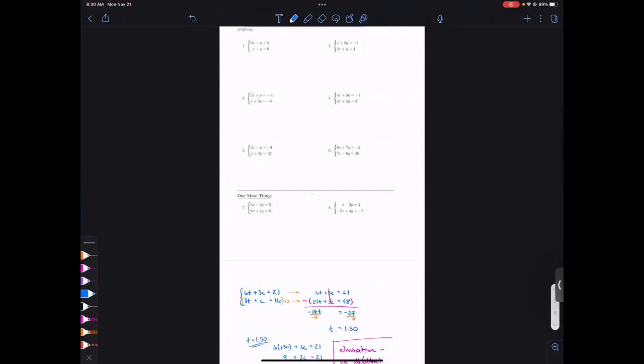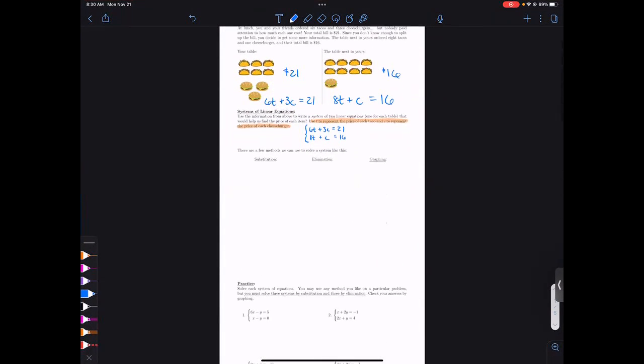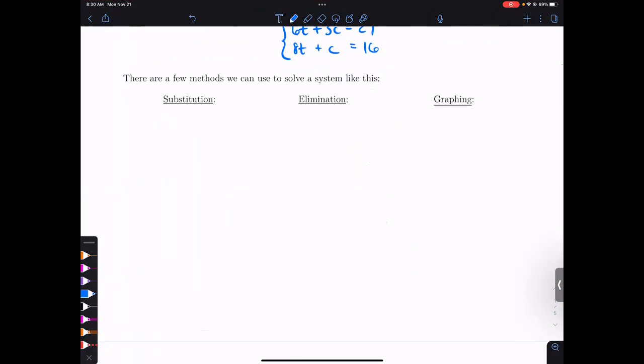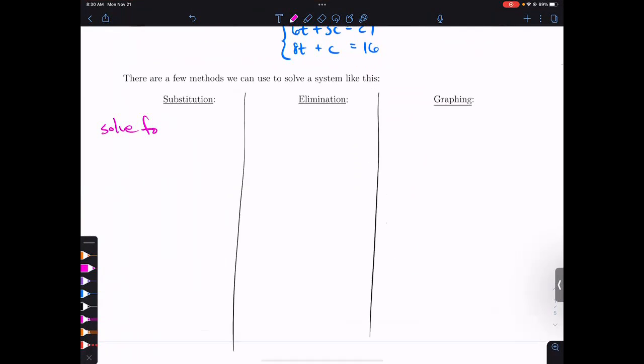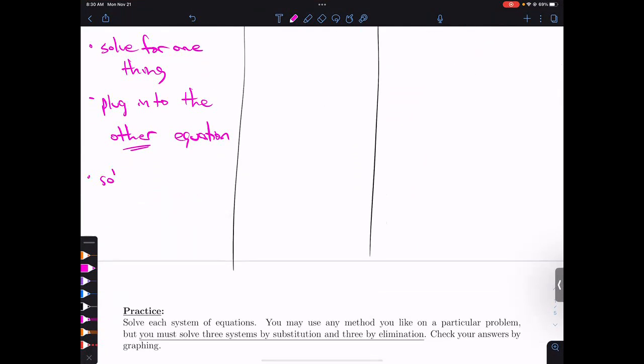All right. So here at the top, where I listed three ways that we could do this: substitution, again, solve for one thing, plug into the other equation, that part's important, and solve for the other thing.